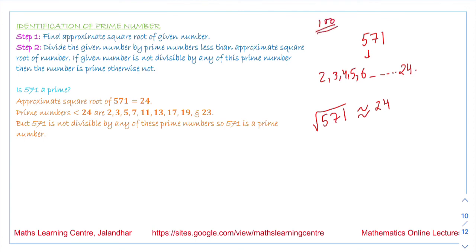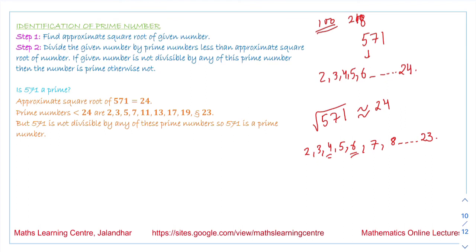We need not check all these numbers. We have to check only for divisibility with 2, 3, 4, 5, 6, 7, 8 up to 23. And moreover, you need not check it with 4, you need not check it with 6.